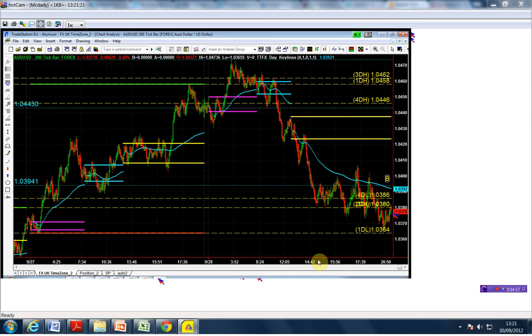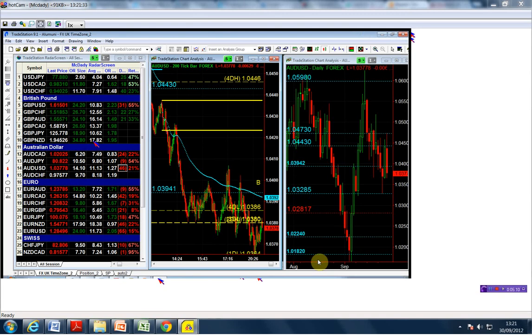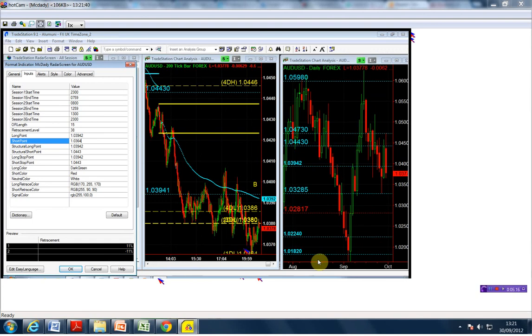On the short side, we closed the week at 103.78. The low of the day is 103.64, so it's only about 14 pips away. So we will short it below 103.64. And if I go short below 103.64, my stop is going to be right above the 103.86.